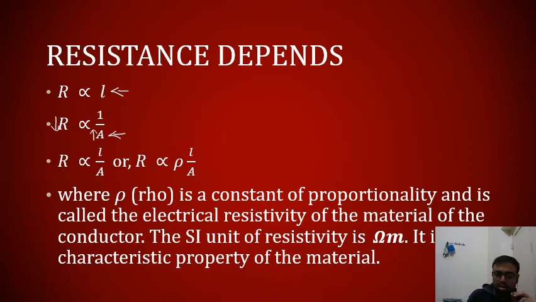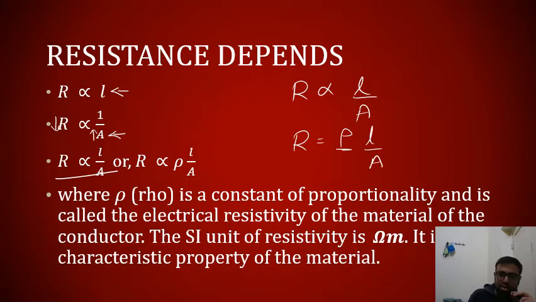So conclusively we can write that resistance is directly proportional to L upon A. If this proportionality sign is replaced with an equal sign, we can place a proportionality constant rho.